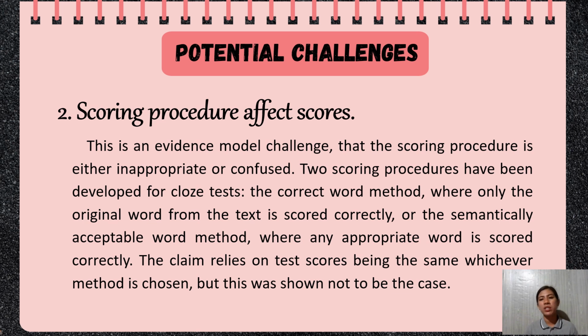Two scoring procedures have been developed for the cloze test: the correct word method, where only the original word from the text is scored correctly, or the semantically acceptable word method, where any appropriate word is scored correctly. The claim relies on test scores being the same whichever method is chosen, but this was shown not to be the case.